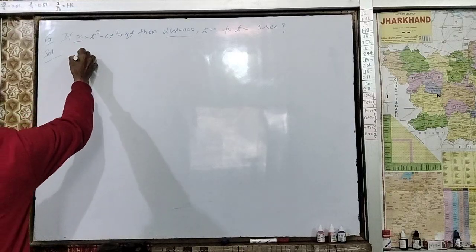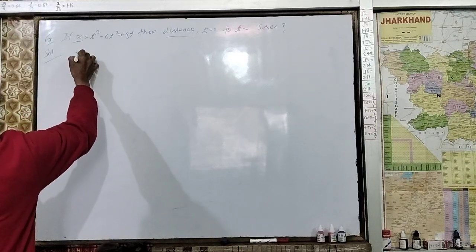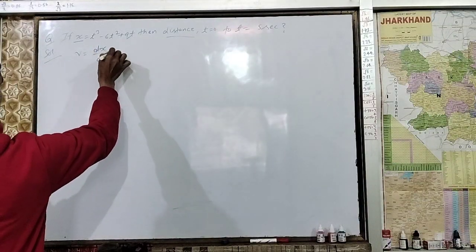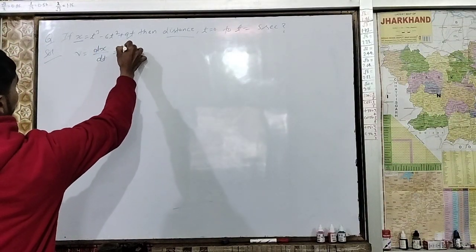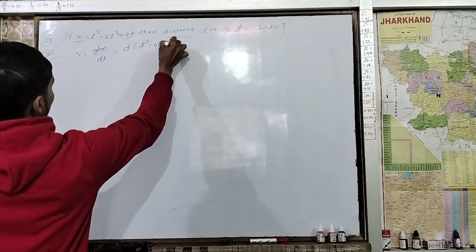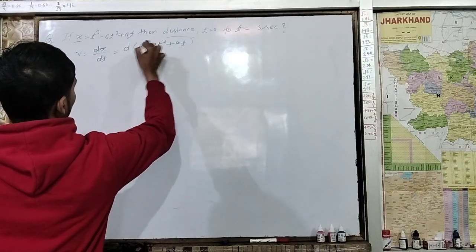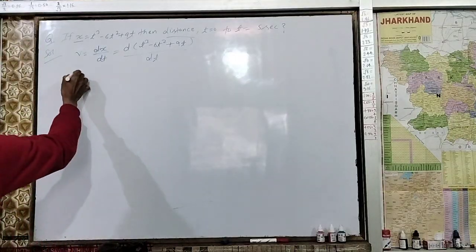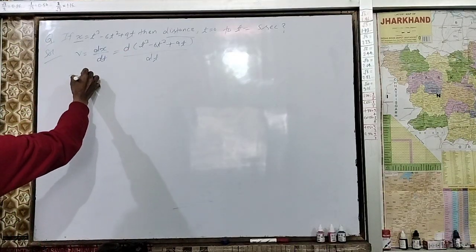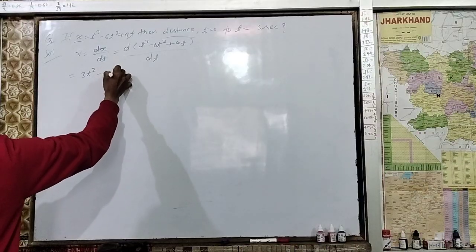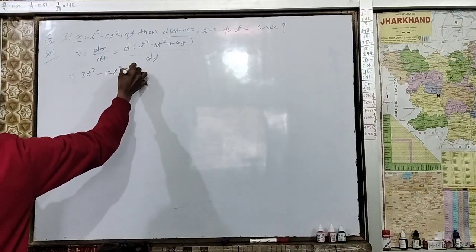So here, x is given, so dx upon dt of t cubed minus 6t square plus 9t. This will become 3t square minus 12t plus 9.